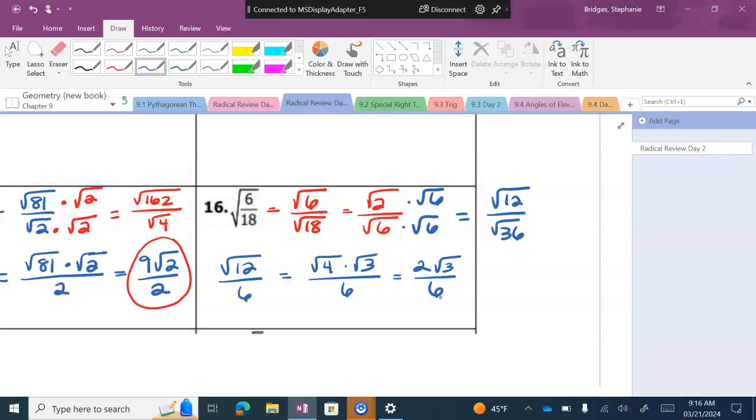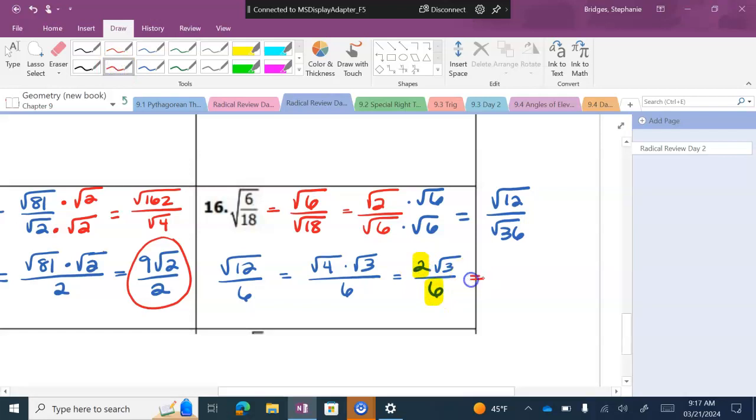Which numbers can I reduce? They either both have to be under the radical symbol or both not under the radical symbol. 2 and 6 have something in common, but so do 3 and 6. Which pair can I reduce? Which ones are in the same place? The 2 and the 6, okay? This is not under the radical, and that is not under the radical.